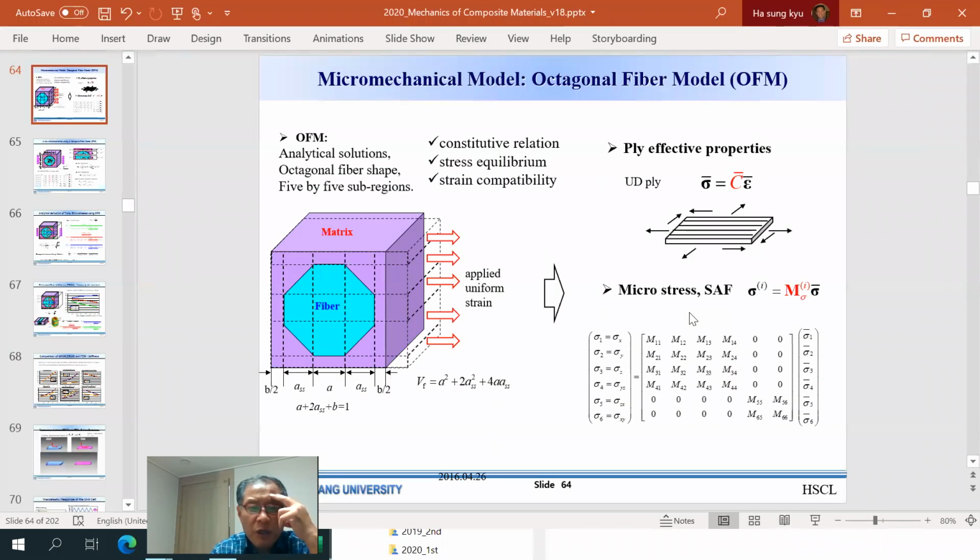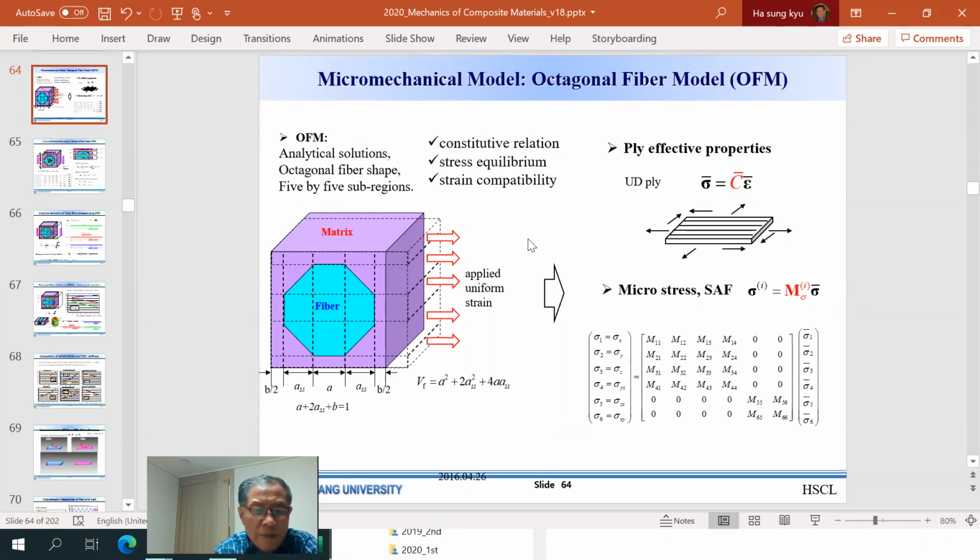Now back to octagonal fiber models, OFM in short. This model will give us analytical solutions with octagonal fiber shapes and fiber-by-fiber subregions.